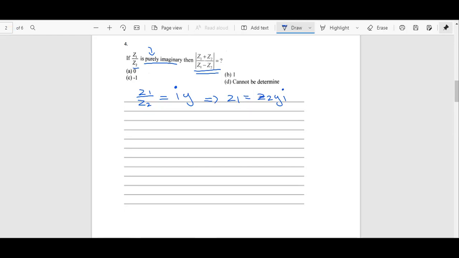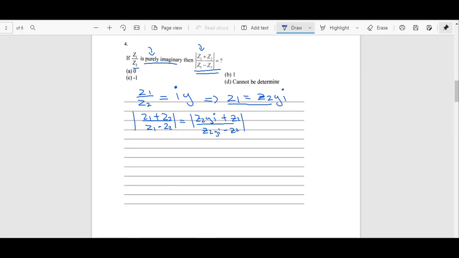Now I need to plug in this z1 in this expression to simplify it. So I have mod of z1 plus z2 divided by z1 minus z2, that would be equal to mod of z2 y iota plus z2 divided by z2 y iota minus z2, right?